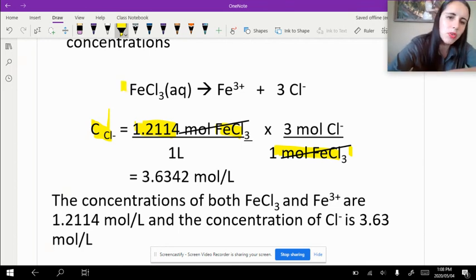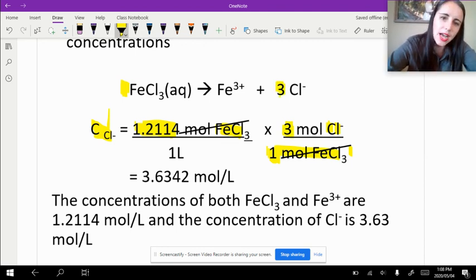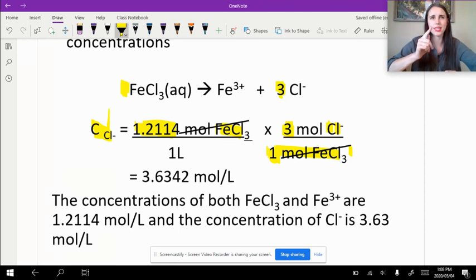I again have a 1 in front of iron chloride because in my balanced chemical equation it's a 1. But for chlorine I'm putting a 3. Why am I putting a 3? Because every time 1 iron chloride breaks down, 3 chlorines are released. So your concentration of chloride ions is going to be 3 times that of iron chloride.